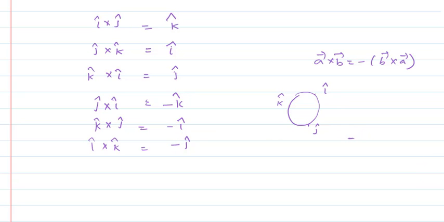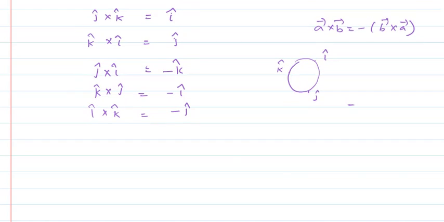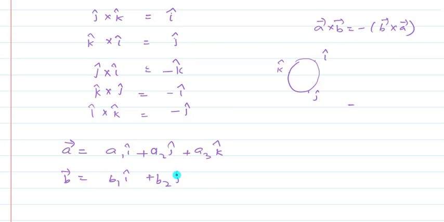Now let us find the cross product in terms of determinant. Let me write vector A in its component form. It is A1 I cap plus A2 J cap plus A3 K cap, and vector B is equal to B1 I cap plus B2 J cap plus B3 K cap.